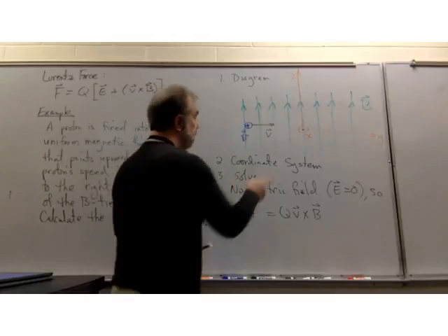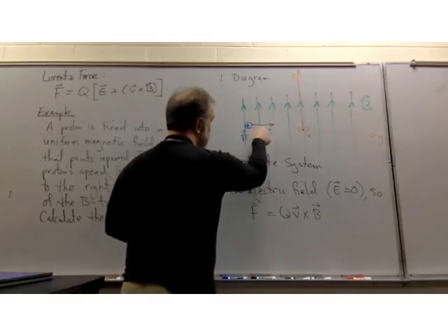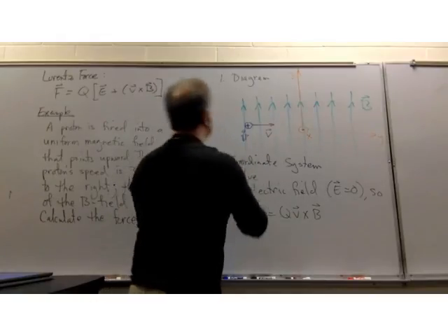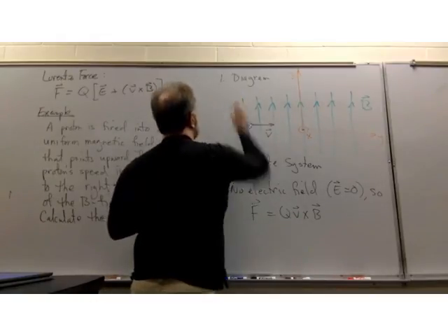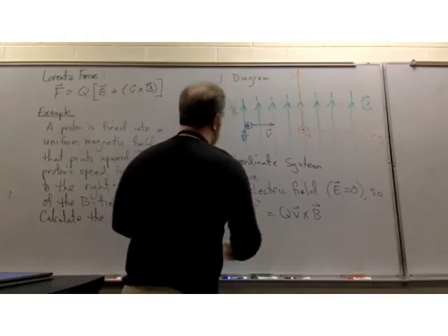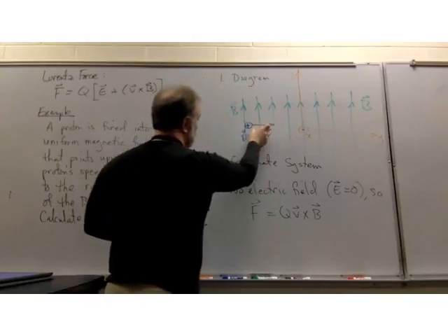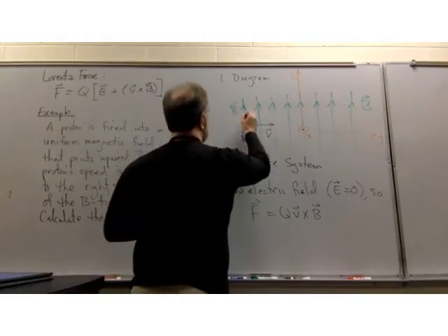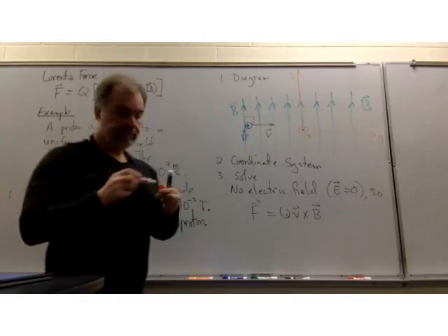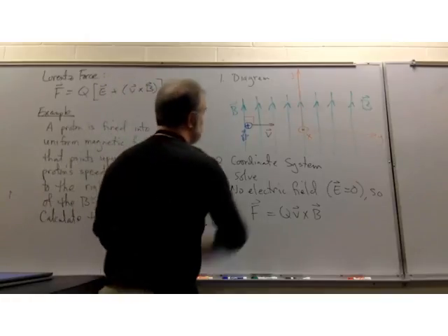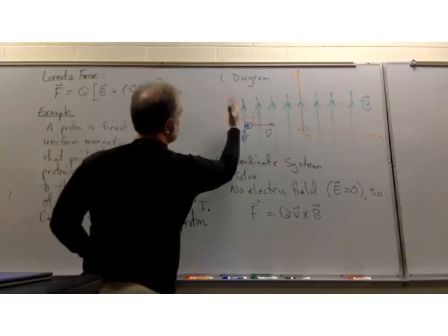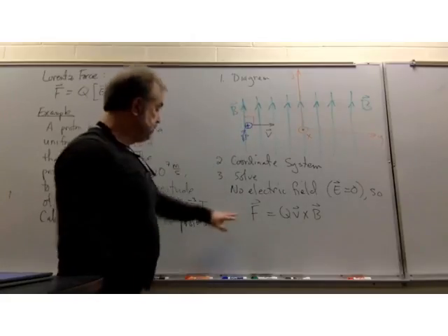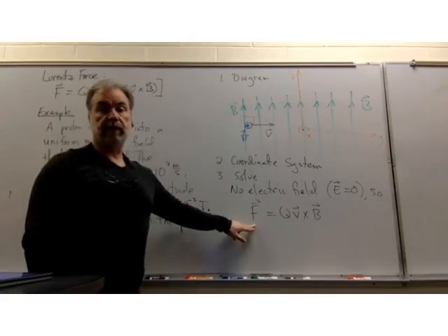With the palm of your right hand, push the first vector listed, V, into the second vector listed, the magnetic field vector, through the angle theta between them. The angle between V and B, when placed tail to tail, is 90 degrees. You push V into B, and then the thumb of your right hand automatically points in the direction of the resultant vector, which in this case is the magnetic force.